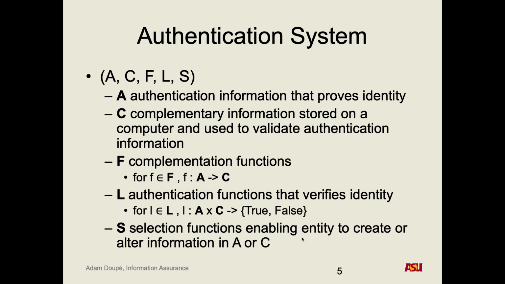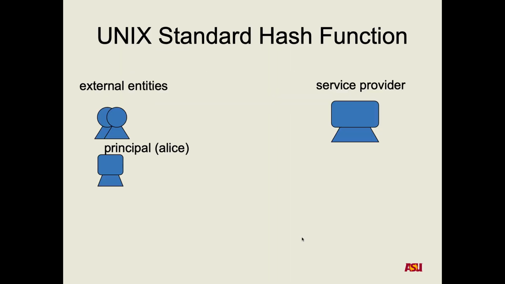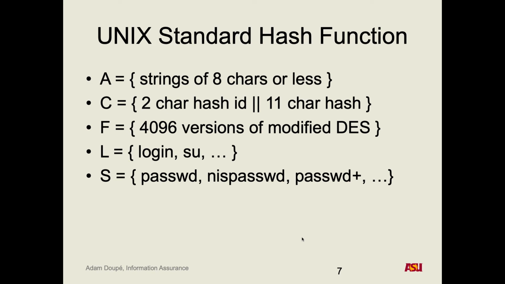And we looked at the UNIX system. So we looked at kind of classic UNIX authentication, has strings of 8 characters or less passwords, has complementary information where it's storing the hash along with a 2-character hash ID, which essentially acts, as we talked about, as our salt, and where now our function that translates somebody's password into the complementary information is a version of DES that's specific to the hash ID and has different ways to log in.